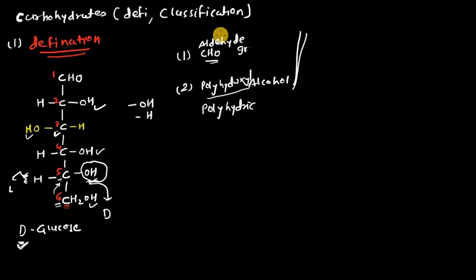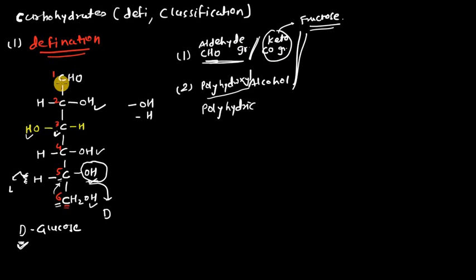One more thing: sometimes instead of the aldehyde group, they contain a CO group, that is a keto group. The keto group containing sugar is fructose. We are not going to draw its structure; we'll see it in future videos.